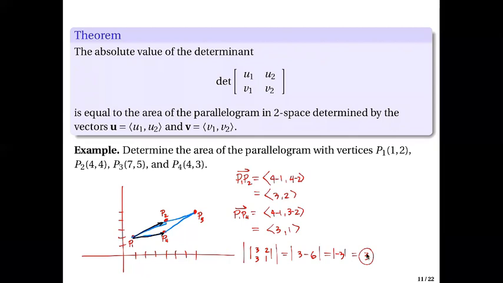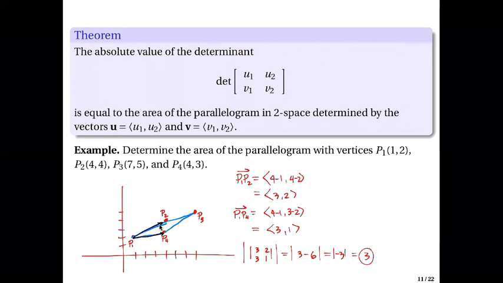So take note that you have to place the proper location of your vertices, and don't just use any 3 points. Okay? Because vector P1P2 and vector P1P4 will generate this parallelogram.